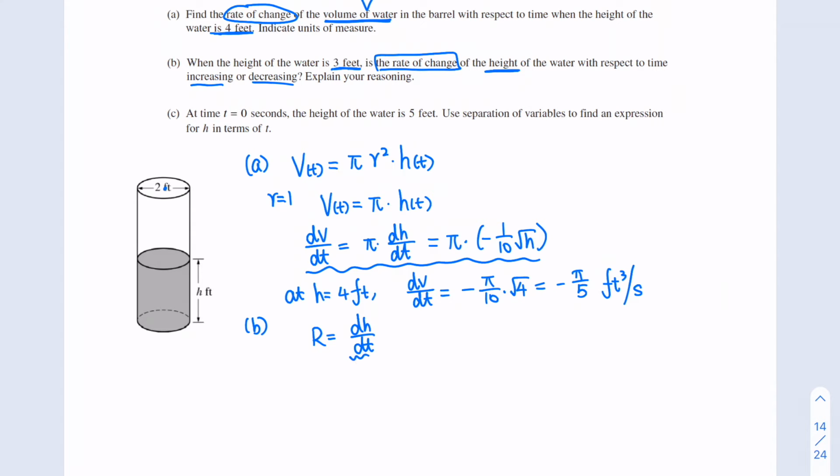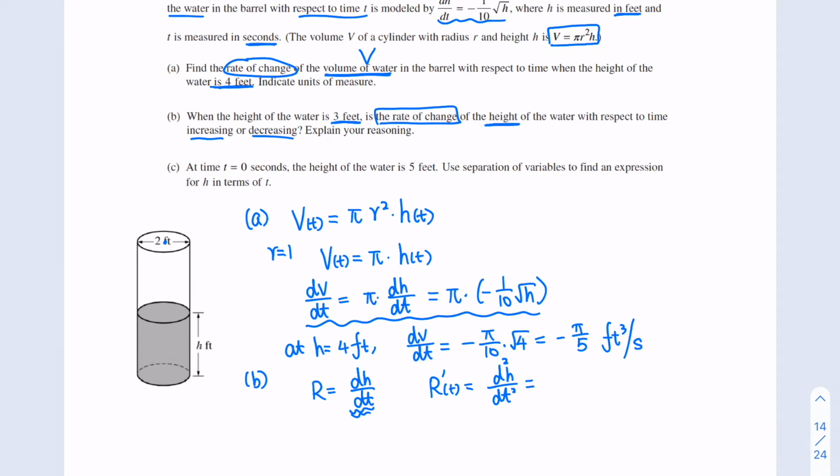If you want to study whether the rate is increasing or decreasing, we need to take the derivative. So we are taking the derivative with respect to t again, which becomes the second derivative of h with respect to t. We have to use the chain rule. First, we take the derivative with respect to h: 1/2, 1 over square root of h.